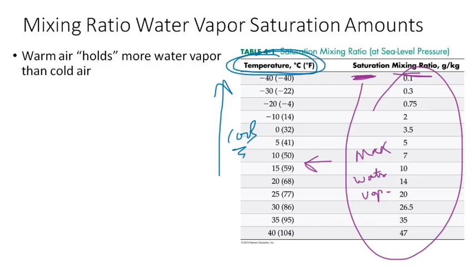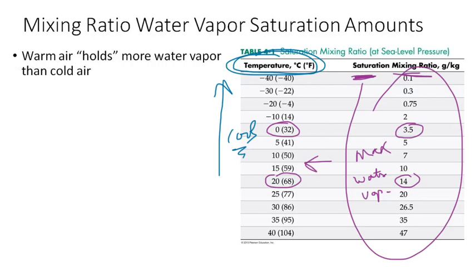I hope that makes sense. For instance, if we're sitting here at 20 degrees Celsius, 68 degrees Fahrenheit, we max out at 14 grams of water vapor per kilogram of dry air. If instead we're at the freezing point, 0 degrees Celsius, 32 degrees Fahrenheit, notice that our air can only hold, we max out at 3.5 grams of water vapor per kilogram of dry air.